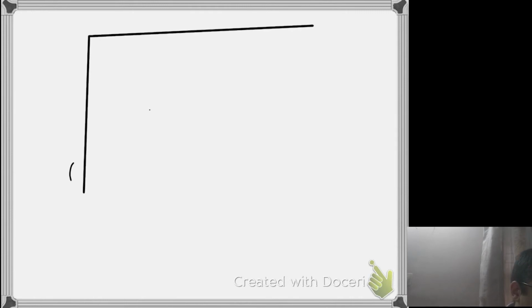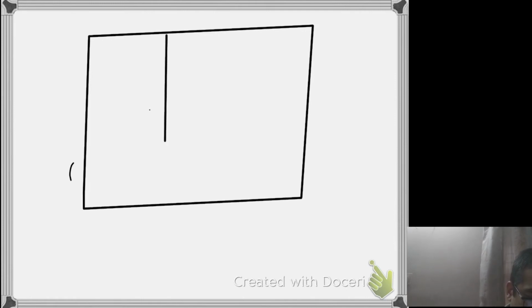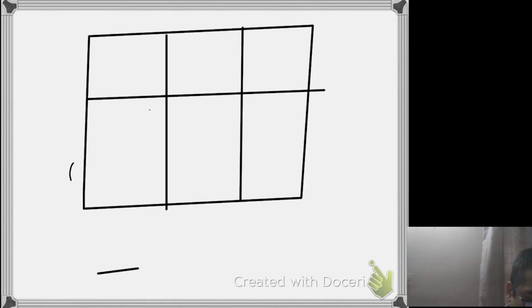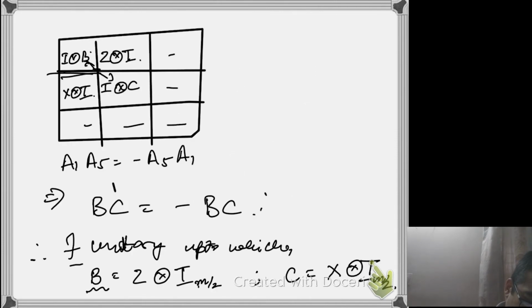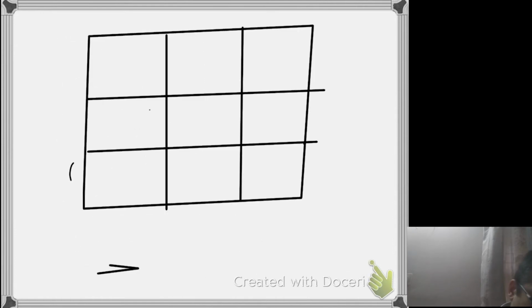So what do we get? We now include these also. Again let's draw the grid. A1 is I tensor B, B is Z tensor IM by 2, so this is I tensor Z tensor IM by 2.